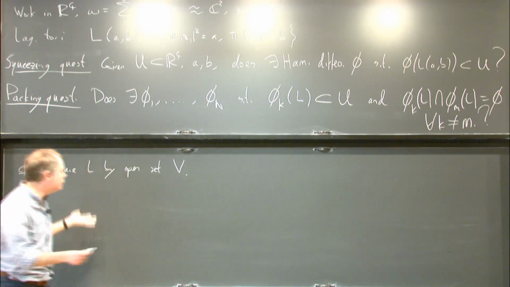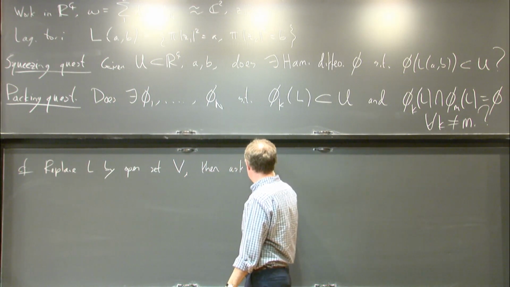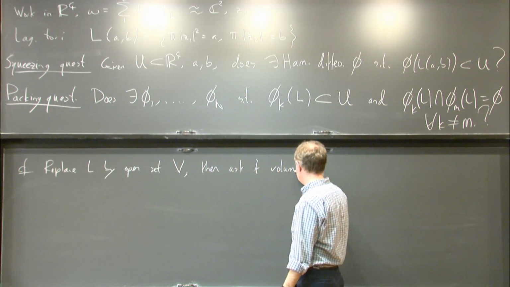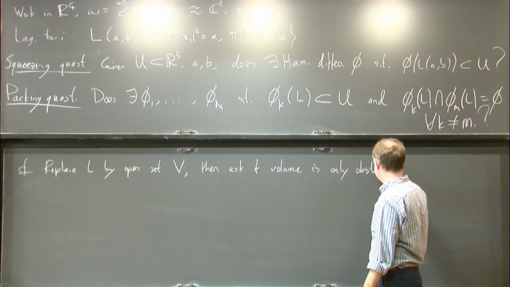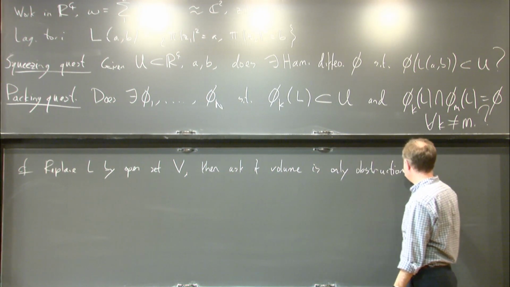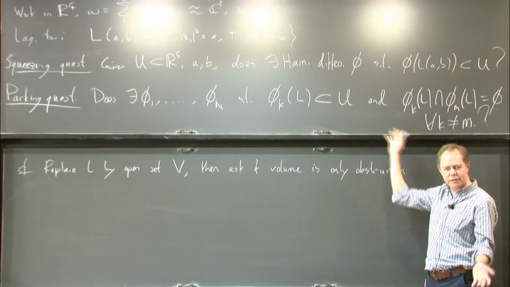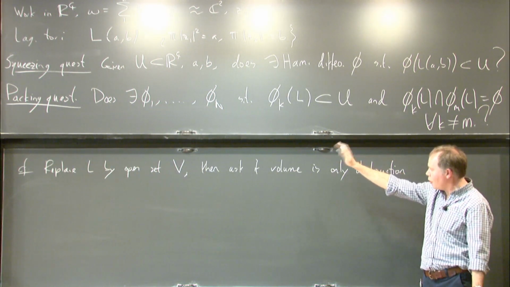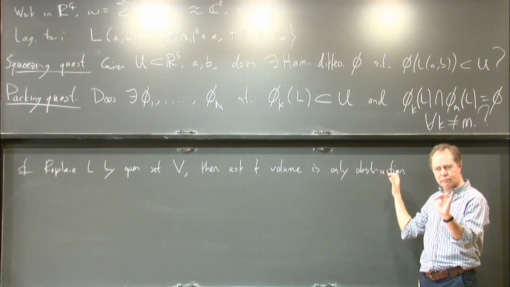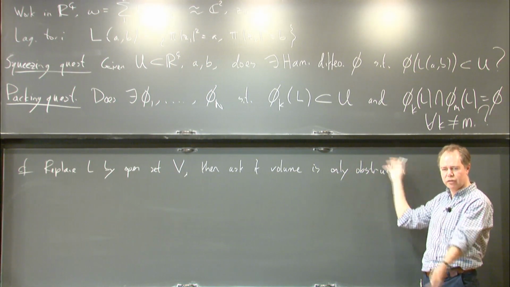You can ask if volume is the only obstruction. I'm talking about Hamiltonian diffeomorphisms. Volume is the first invariant, and if you're trying to embed one open set in another, the volume has to be monotonic.